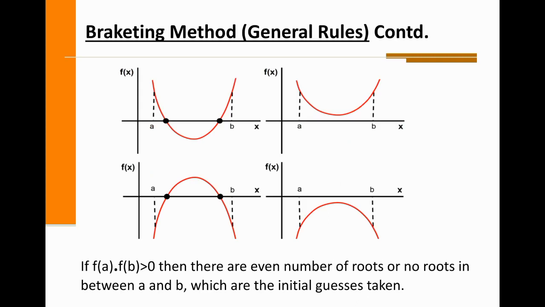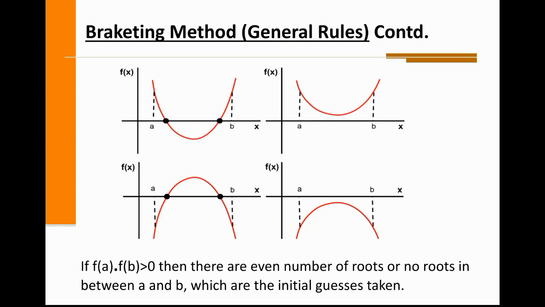In the second rule of the bracketing method, if you have a bracket a to b but at both ends, at a and at b, the values of the function are positive, then definitely in that bracket the number of roots must be even, or there may be no root. That means the number of roots will be even. So we have two types of brackets and two types of rules.